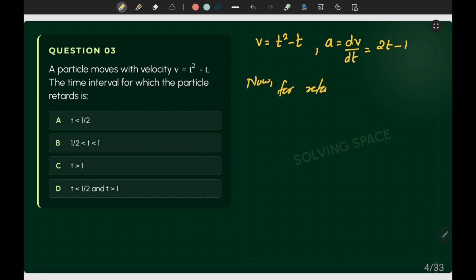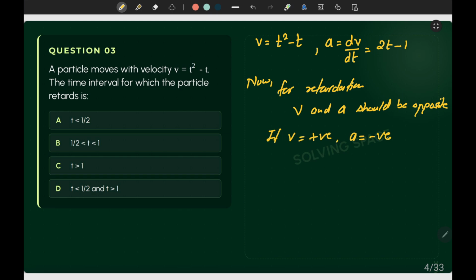Now for retardation, what we must know is that velocity and acceleration should be opposite. That means if v is positive, acceleration must be negative to say it is retardation. So in that case, the product of v and a will be less than 0.